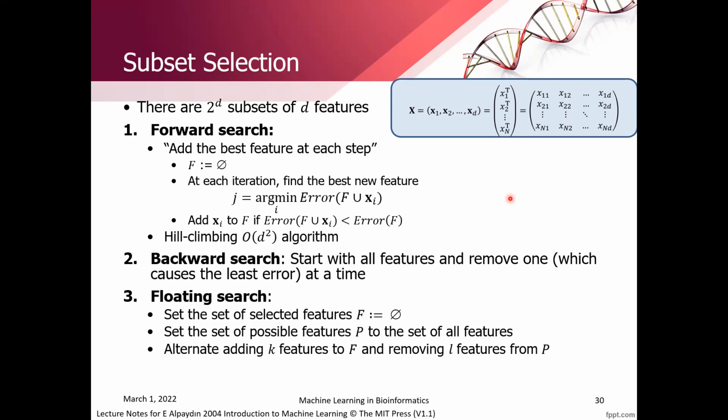So j is the index of the column we would like to add. At the last line of the algorithm, it says that we should add Xi, but we want to add xj.